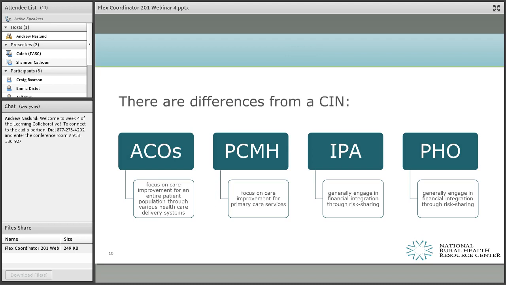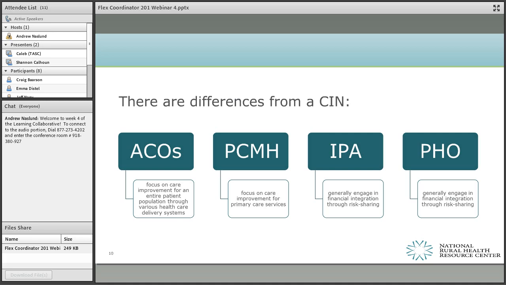Now, there are some differences in those organizations and what they do as specific of a clinically integrated network. An ACO, as you know, if you joined us last week, focuses on care improvement for an entire patient population through various healthcare delivery systems, while patient-centered medical homes focus on care improvement for primary care services.